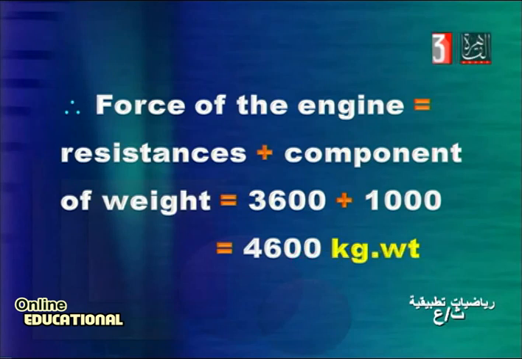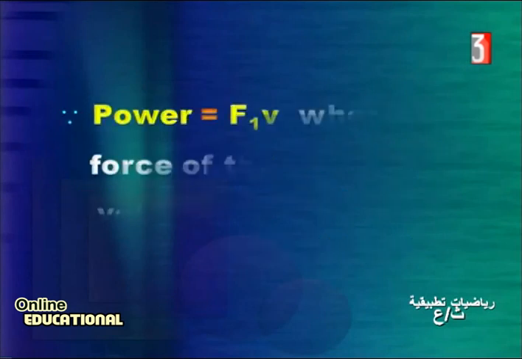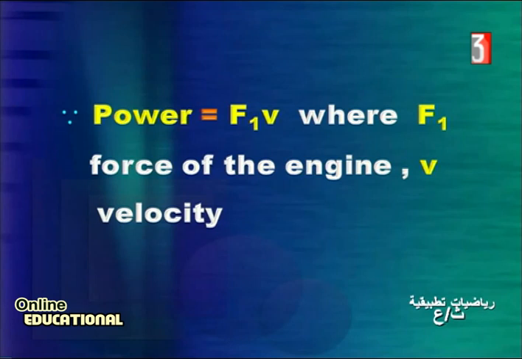Now, what about the power of the engine of the train? The power equals F1 multiply V, where F1 is the force of the engine and V is the velocity when the train ascends the inclined plane.